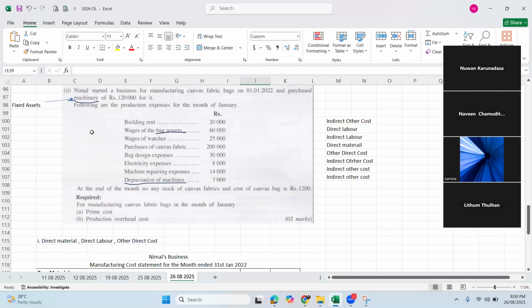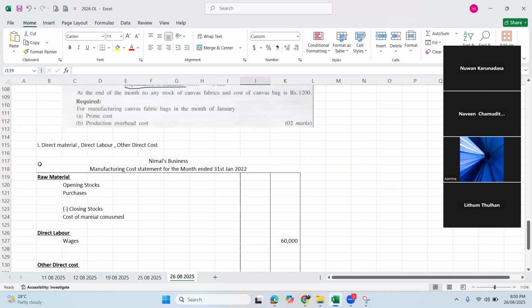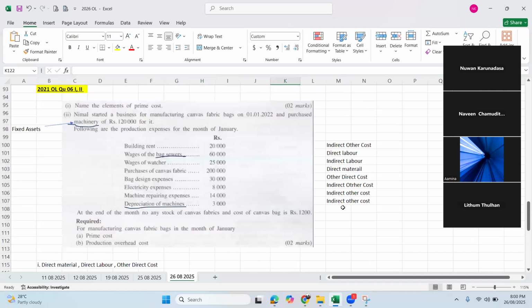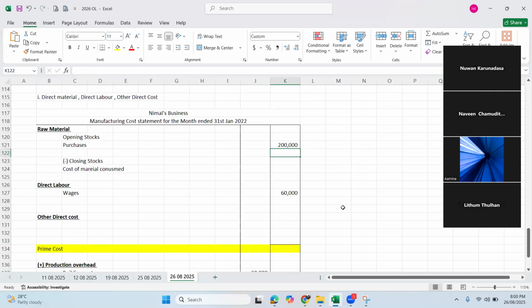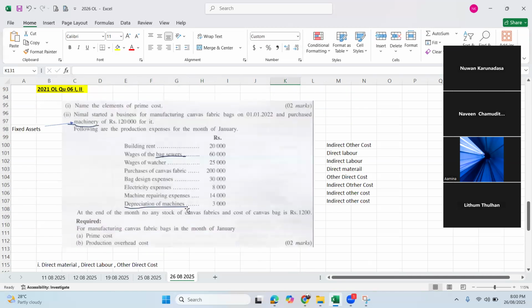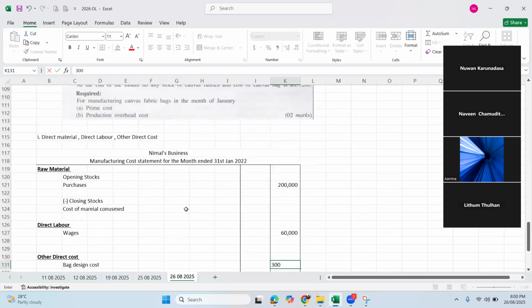Then purchase of the canvas fabric, it's the purchases here, 200,000. Bag design expense, it's other direct cost, 30,000.